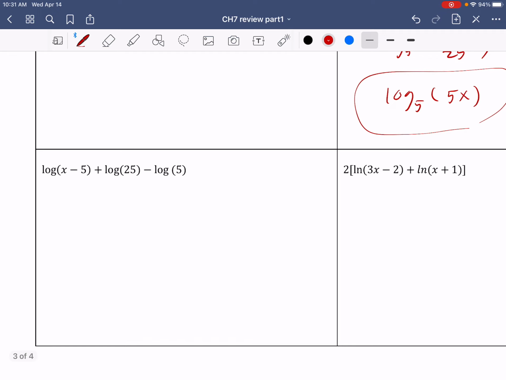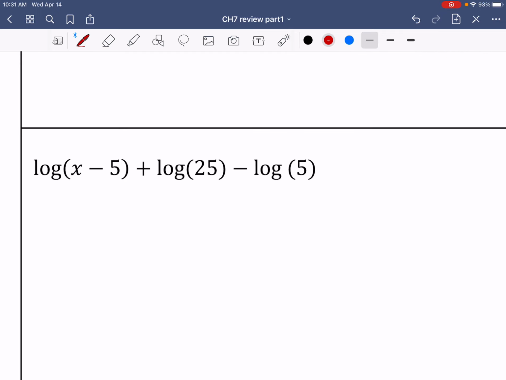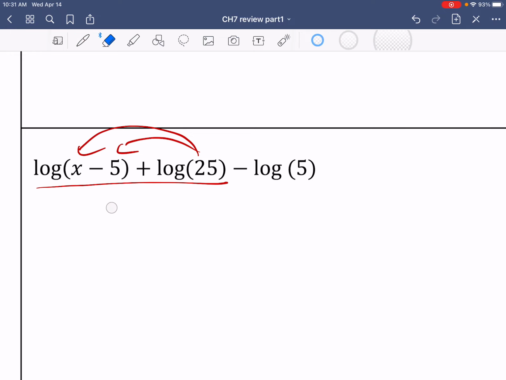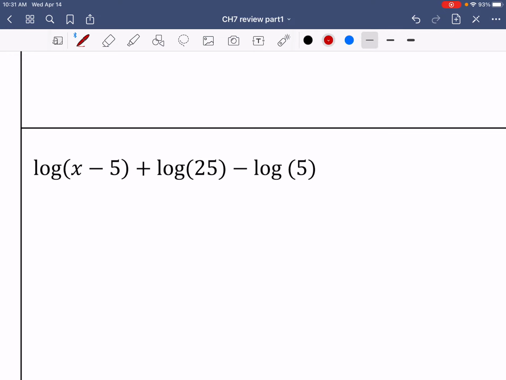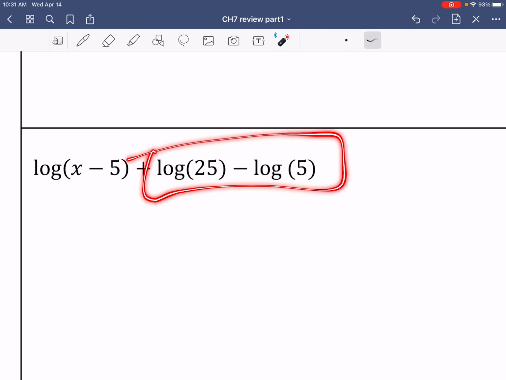All right. What about this case? Wow, we have 3. So it's simple. Let's do the first one first. You can distribute and multiply it. Oh, wait a second. You know what? Let's do the easier part first. Since it's plus and minus, order does not matter. So let's do this part first, okay?